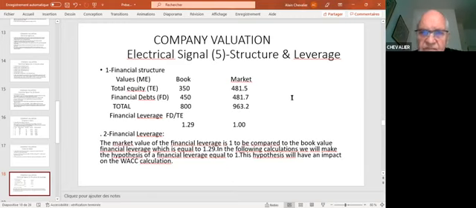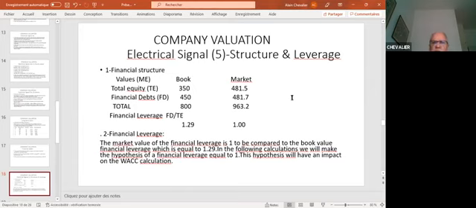We don't have the same balance sheet. We had a total of 800, we have a total of 963, which is, let's say, 160 higher. And 160 is about 20%. So taking the market values increases the size of the balance sheet by 20%. That's what we found here.